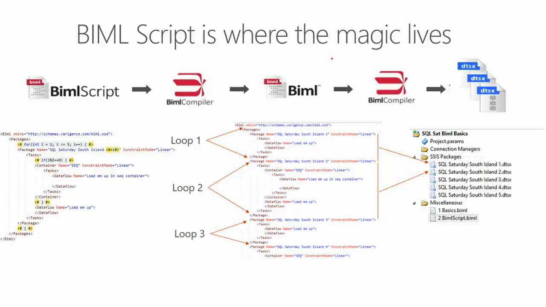So what's happening here? If we take our second example where we had the basic for each loop, it's actually going through two compiling phases. The first phase is compiling the BIML and BIML script into BIML. So our for each loop is being expanded out, and all those BIML assets are being expanded out based on the code.